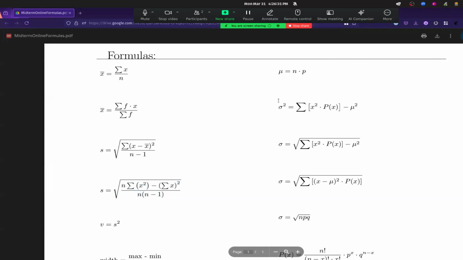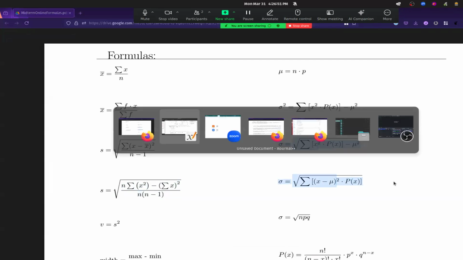Looking at these other standard deviation formulas, let me pick on this one. Both of these are ways of calculating standard deviation from a probability distribution.